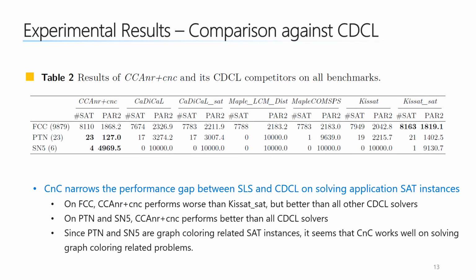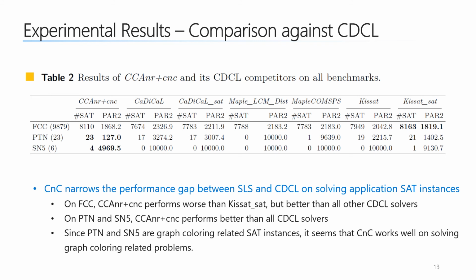Now, we switch to the experimental results of comparison against CDCL solvers. It is clear that CCAnr equipped with the CnC method significantly narrows the performance gap between SLS solvers and CDCL solvers on solving application SAT instances. In particular, on the FCC benchmark, CCAnr equipped with CnC performs worse than the SAT version of Kissat, but it achieves better performance than all other CDCL solvers.